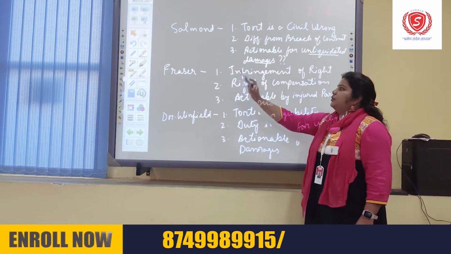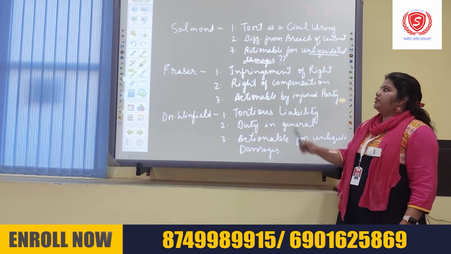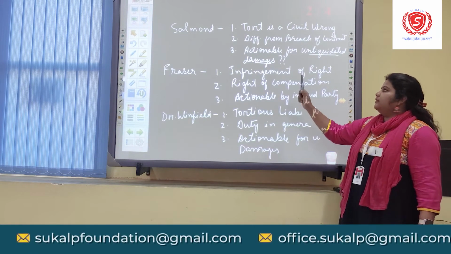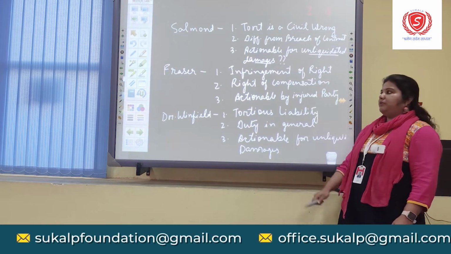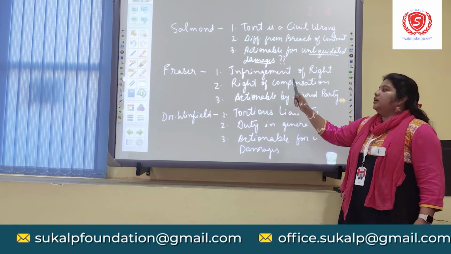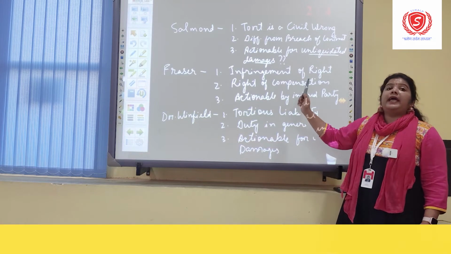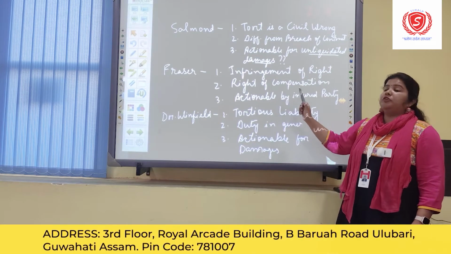Now next we are to deal with the definition given by Fraser. So Fraser says that tort is infringement of right, then there is a right of compensation by the injured party, as well as the injured party can put an action for the breach of tort.